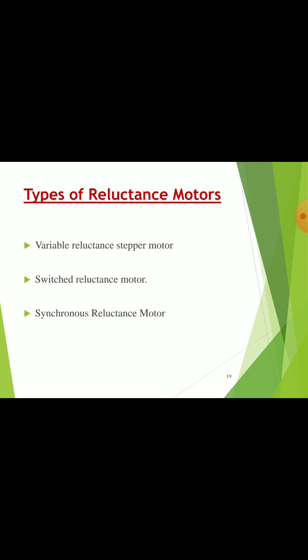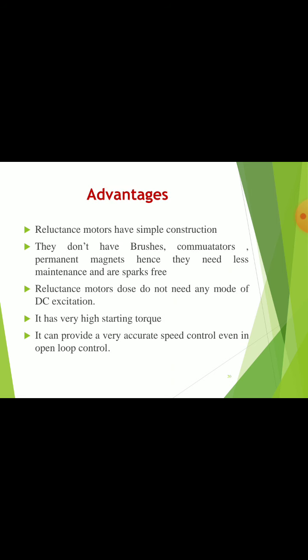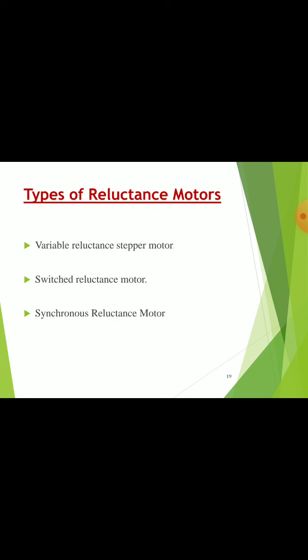The switched reluctance motor we will discuss in the next slides, and the synchronous reluctance motor we will also discuss. Reluctance motor is the major classification, and under it there are several motors working based on the principles of reluctance.